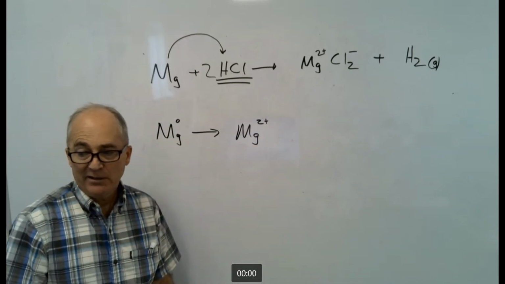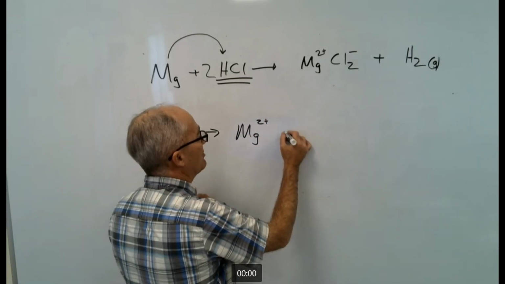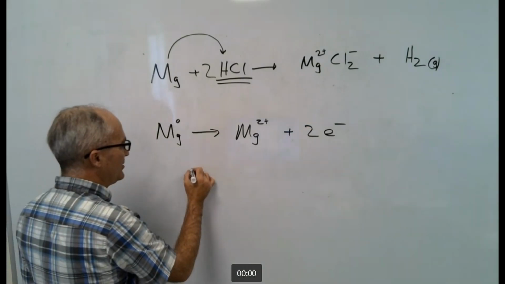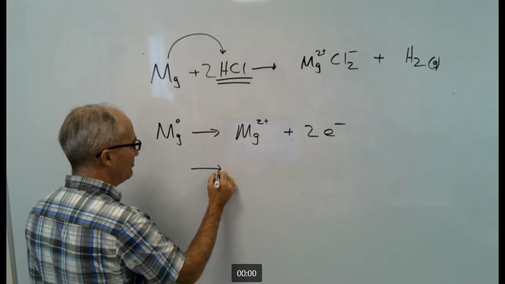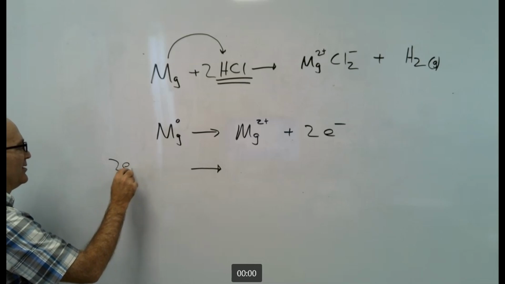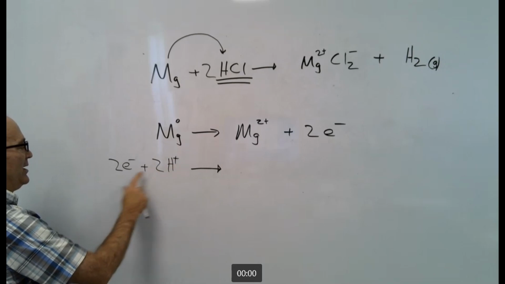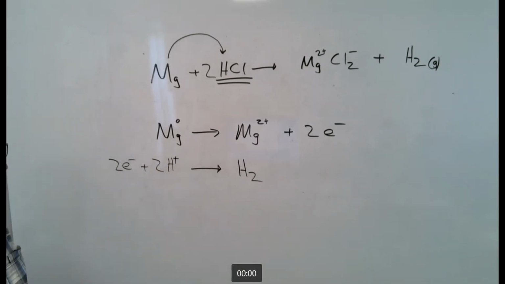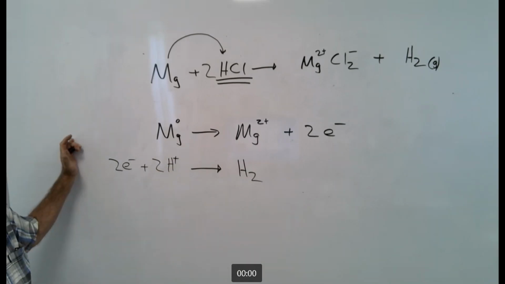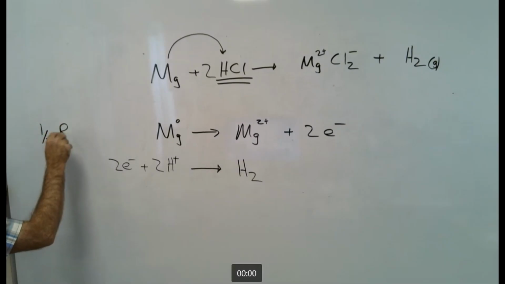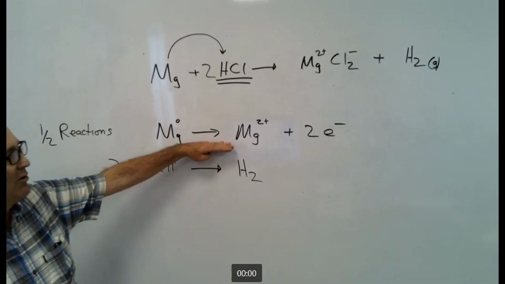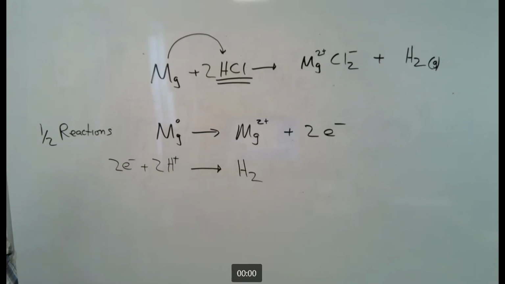So how do I balance charge? Yeah, plus 2 electrons. Where do those 2 electrons go? If I draw 2 electrons, I have a positive 2 and a negative 2, and we call these two things half reactions. Here's one half, here's the other half.